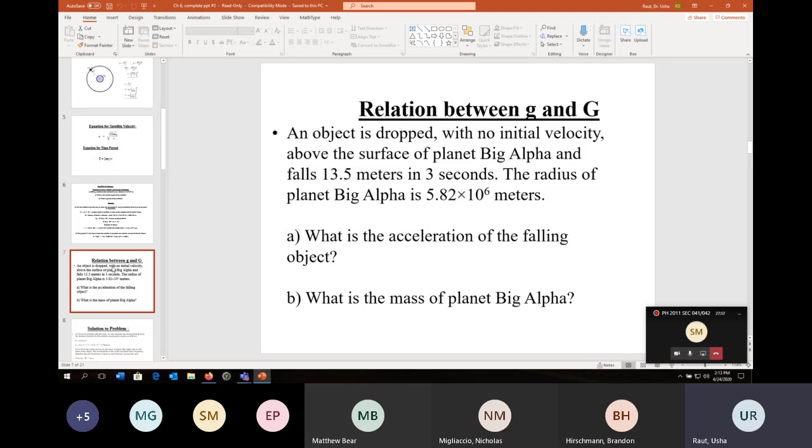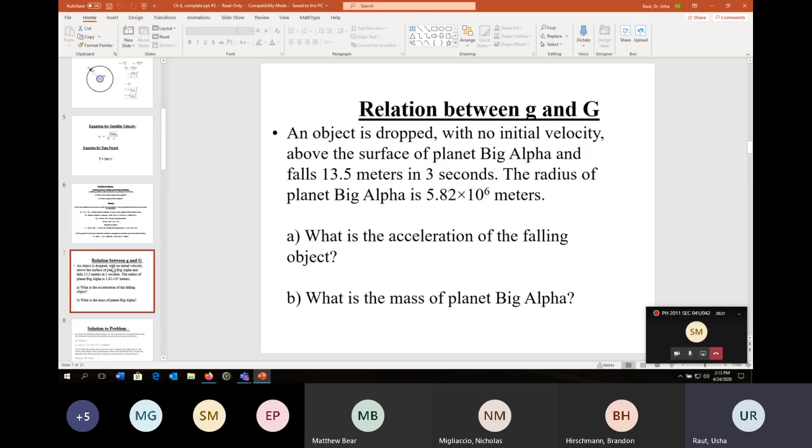I think we did a bunch of slides on that, so I'm not going to repeat the formula, which is simply little g equal to capital G m of the planet divided by r of the Earth, or planet, or whatever, squared. So the problem is worded in a somewhat different way.